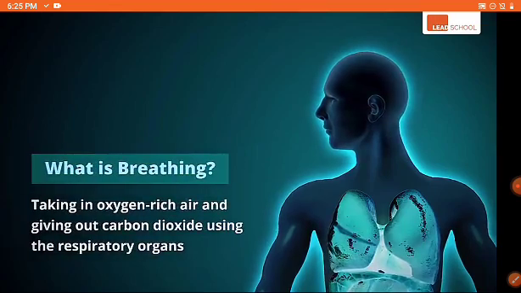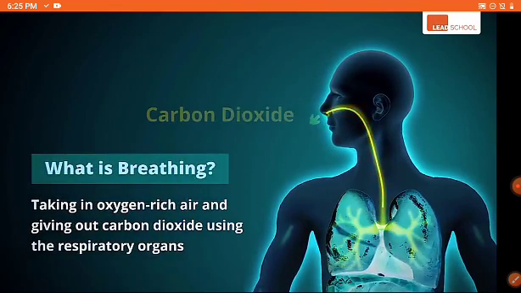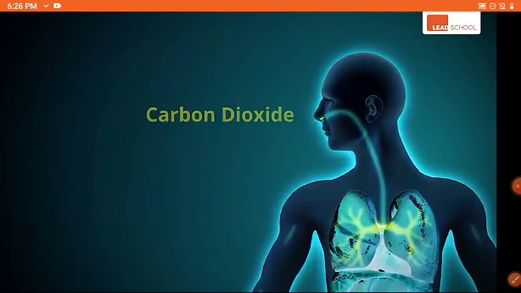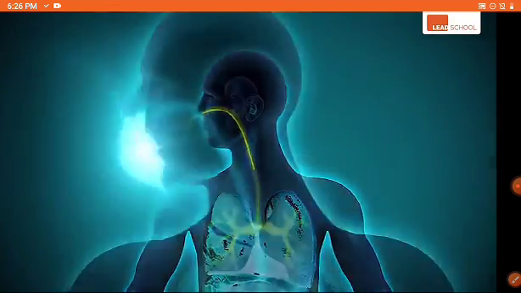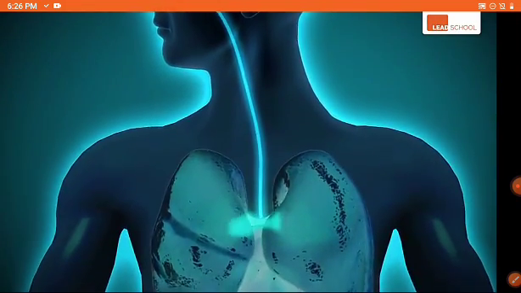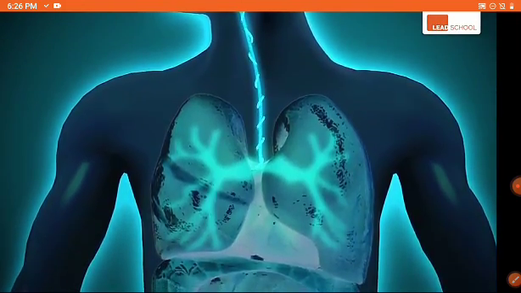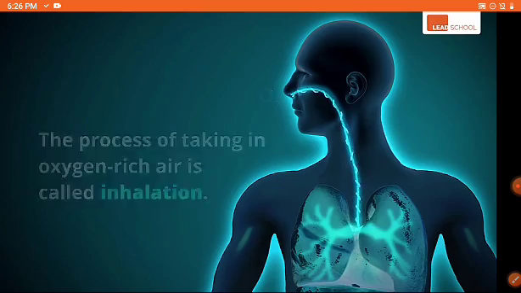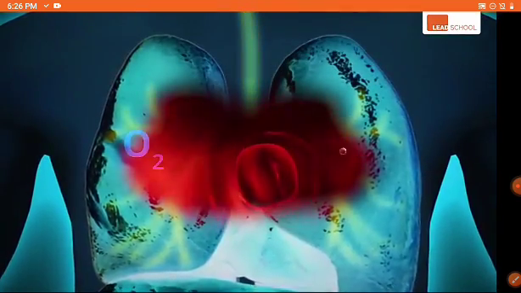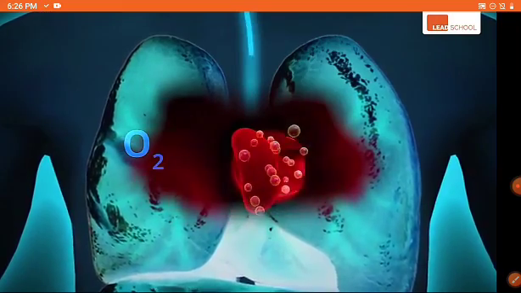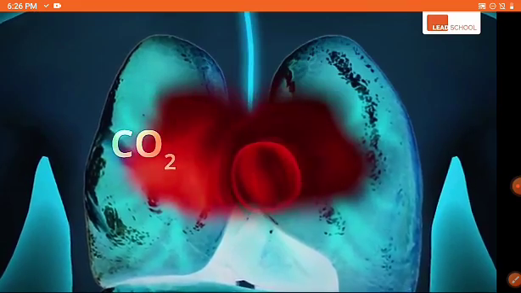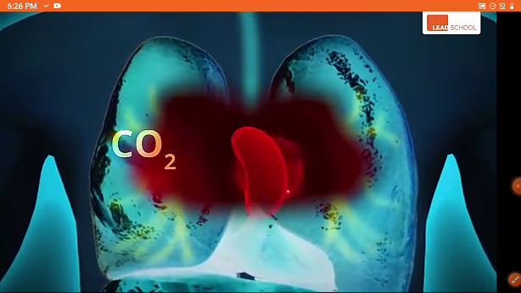Breathing is the process of taking in oxygen-rich air and giving out carbon dioxide using the respiratory organs. So, how do we breathe? We take in air through our nostrils for our body's oxygen requirements. The process of taking in oxygen-rich air through our nostrils is called inhalation. After the cells in our body have used up the oxygen, the carbon dioxide produced by the cells has to be released from the body.